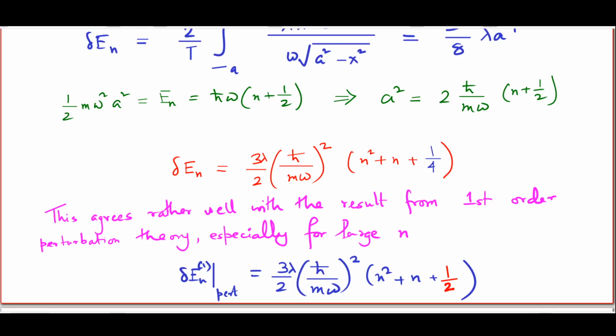So for large value of n, of course, these two results are very close to each other, because the difference between 1/4 and half can simply be ignored when n is large. But even for small value of n, say n equals 1 or 2 or 3, the agreement between the perturbation theoretical value and the WKB approximation is quite striking.